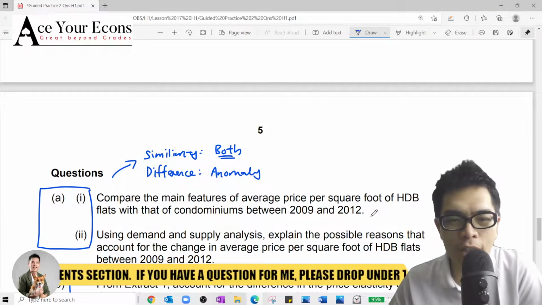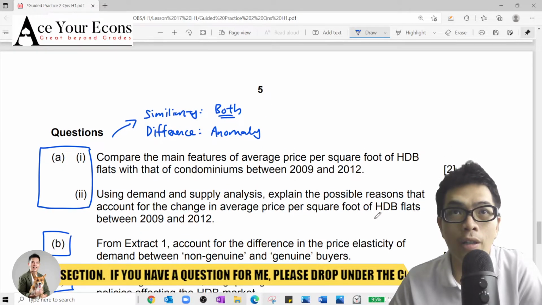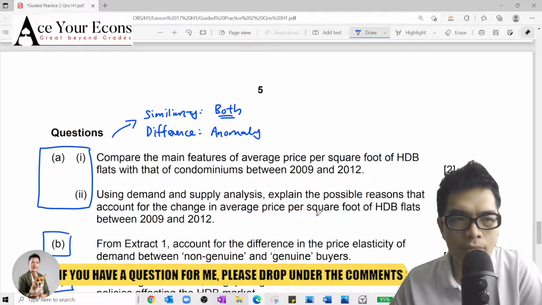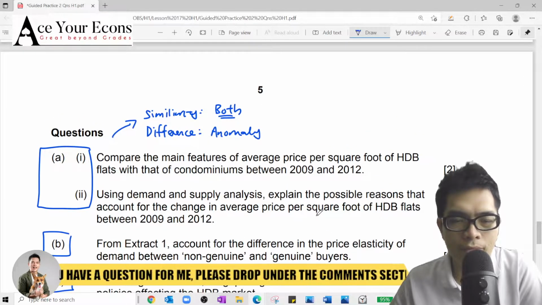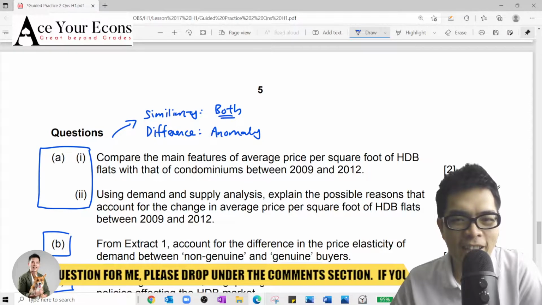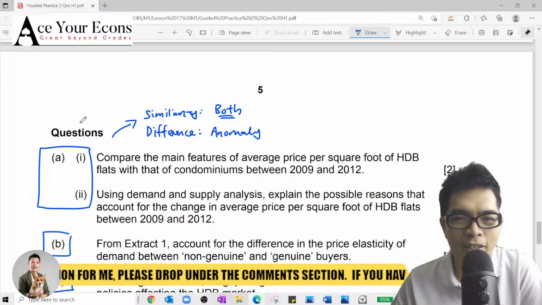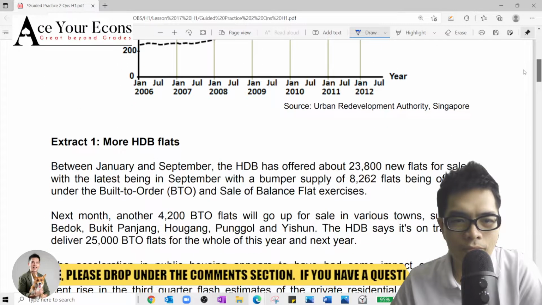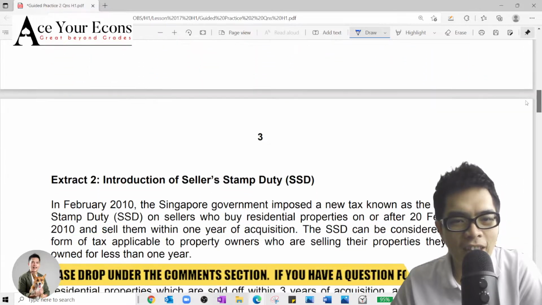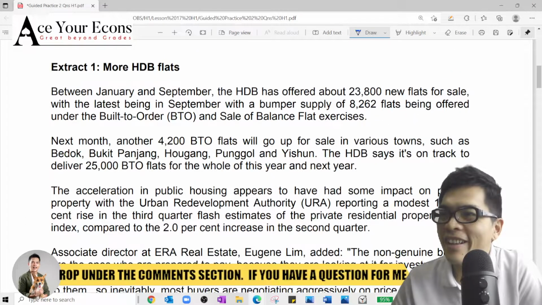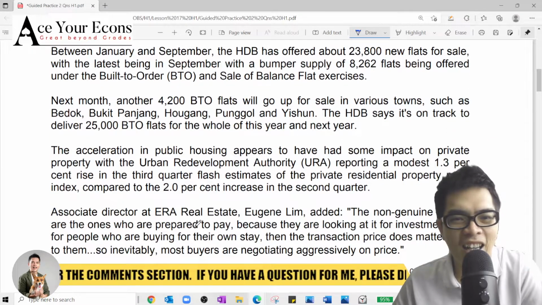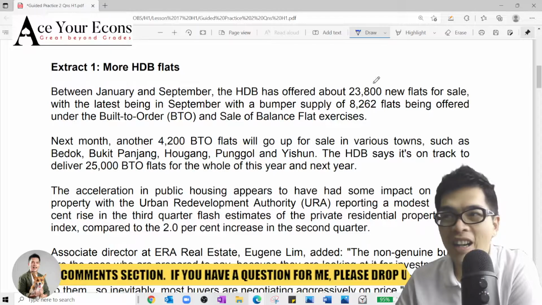So Cheryl, would you like to go on to illustrate A part 2? How do you approach A part 2? Can the demand side factor be expectations of future prices? Sure. Where do you get it from? From the seller's stamp duty in extract 2.